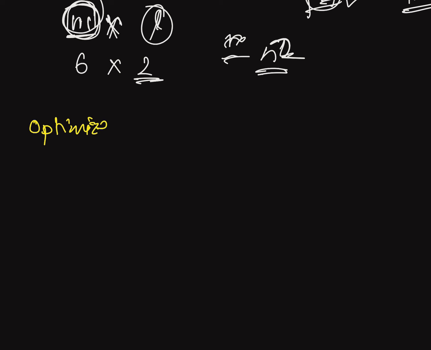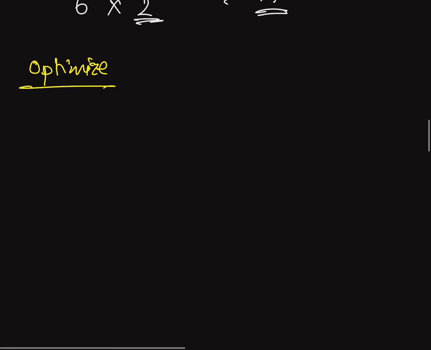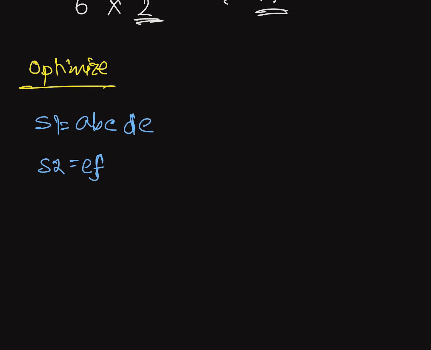Now next is how can we optimize this. So we have to equalize the subsequence from string 1 and string 2. So A, B, C, D, E, and we have E, F. This is string 2, this is string 1.